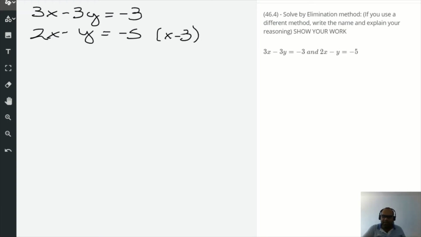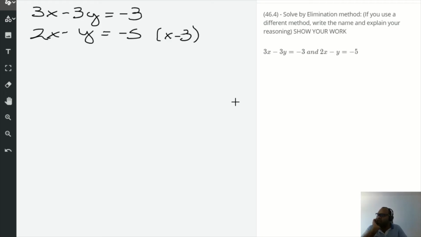Okay, guys, let's return over here and keep working on this stuff. Let's multiply by 3 this one over here. What do we have when we multiply by 3? We have this.